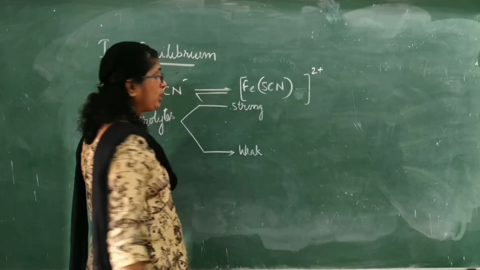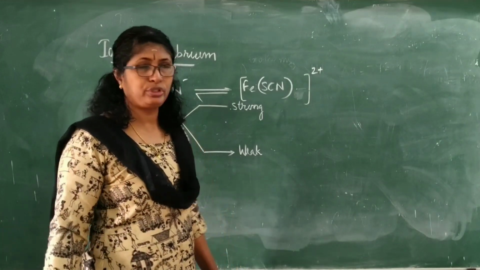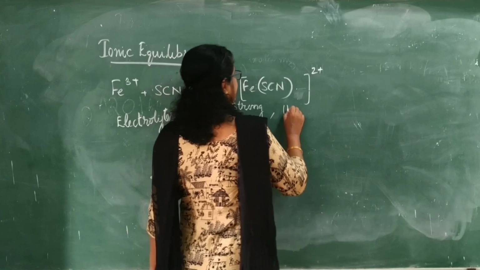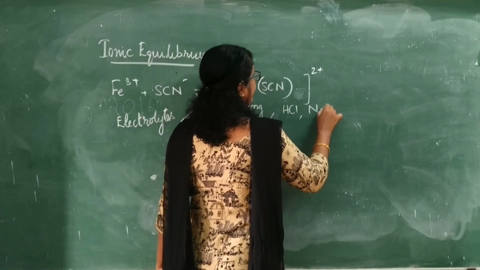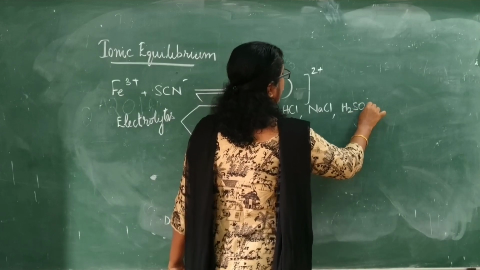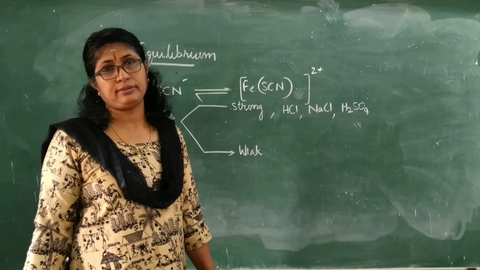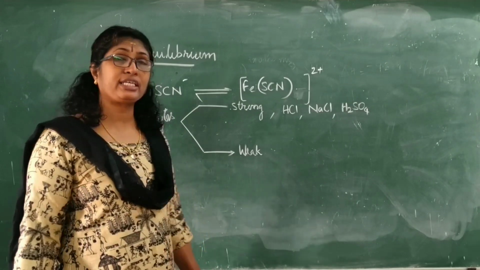Strong electrolytes are those which completely dissociate in solution. For example, HCl, NaCl, H2SO4, etc. They are substances which completely dissociate in water, so they are called strong electrolytes.